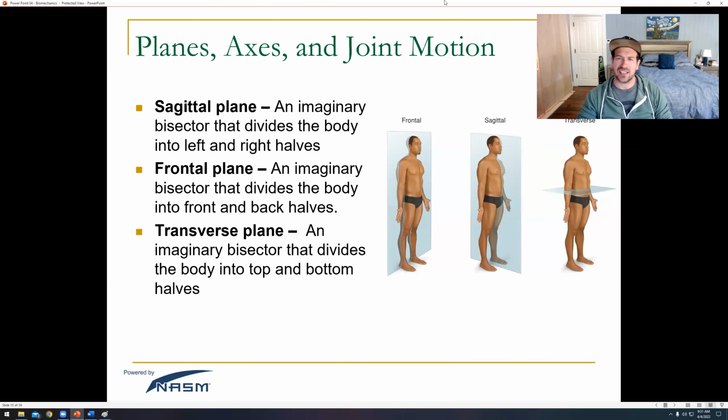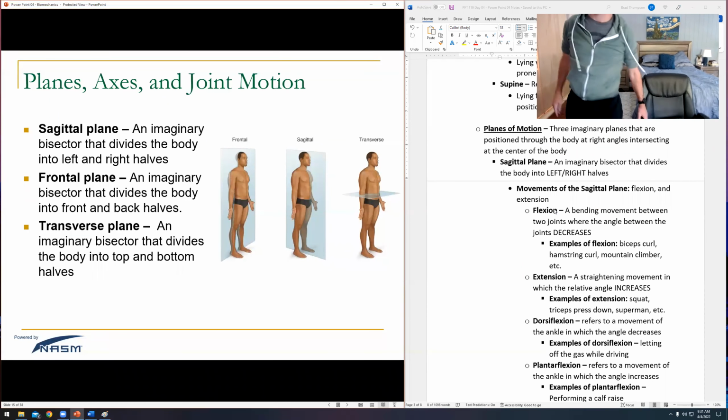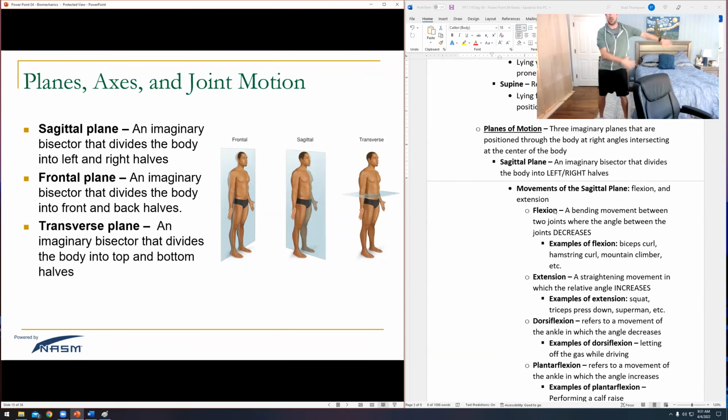So let's get a little more specific about that, because now if we understand those are the planes, I've got movements that can be very frontal. I can do this kind of stuff, right? What's that flossing thing? That's a very frontal plane movement. Side to side, right?